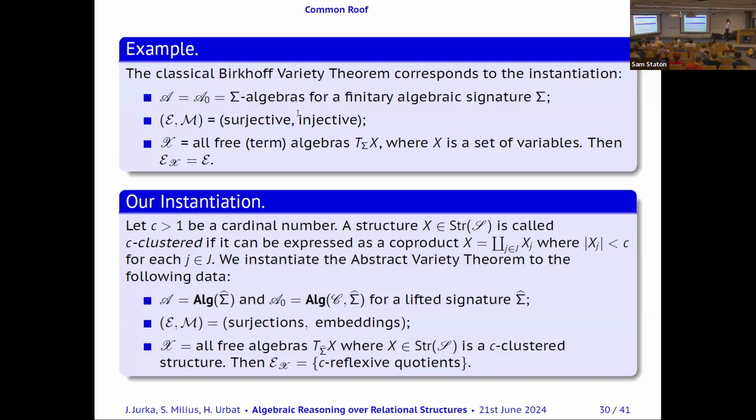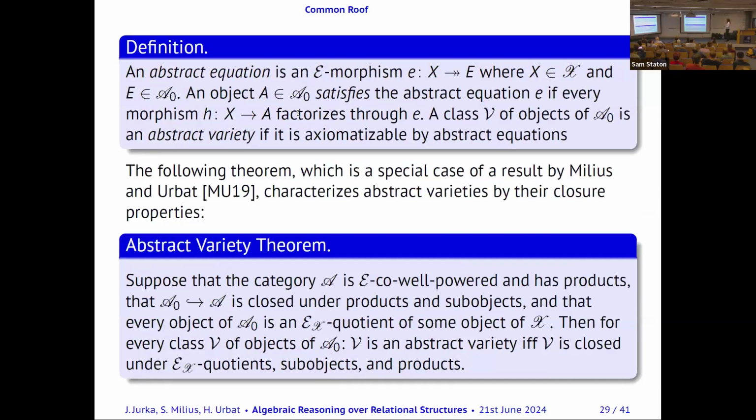It's quite technical, these free-term algebras in this lifted setting over C-clustered structures. And then EX are the C-reflexive quotients. So in this way, this abstract variety theorem can be used to a large degree to obtain our theorem, but there are still quite a lot of details that one needs to do to really obtain the theorem.